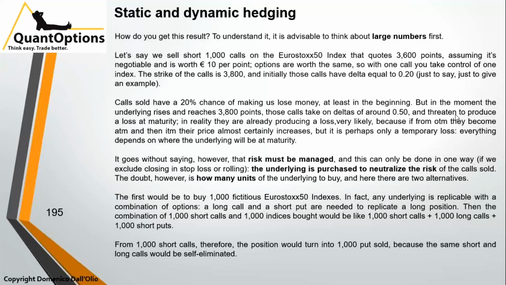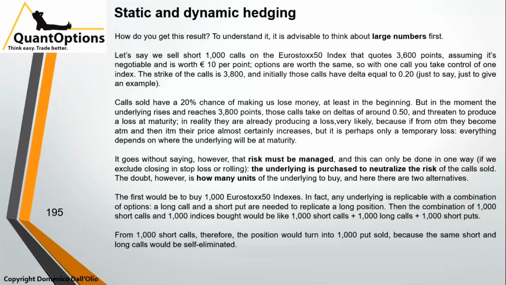The doubt, however, is how many units of the underlying to buy, and here there are two alternatives. The first would be to buy 1000 Euro Stoxx 50 indexes. In fact, any underlying is replicable with a combination of options. A long call and a short put are needed to replicate a long position. Then, the combination of 1000 short calls and 1000 long indices would be like 1000 short calls plus 1000 synthetic indexes, 1000 long calls plus 1000 short puts.